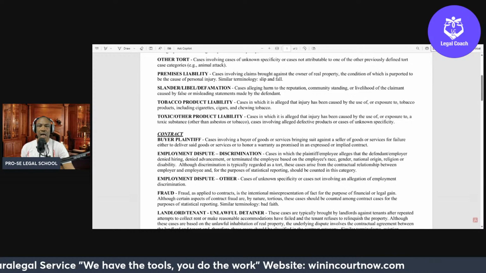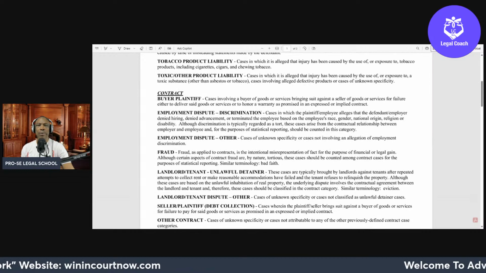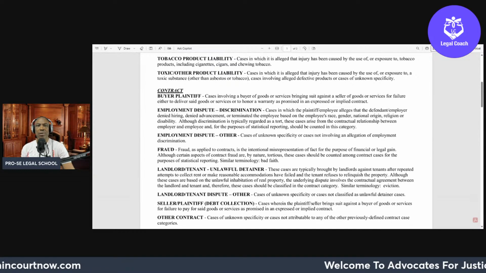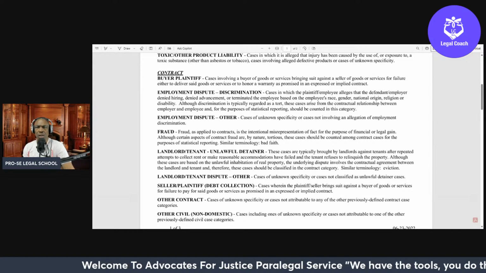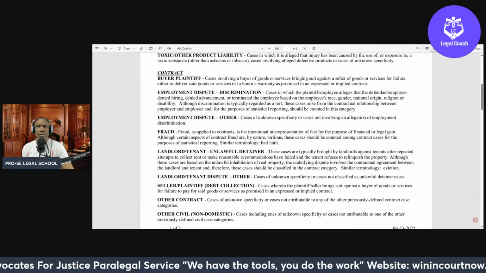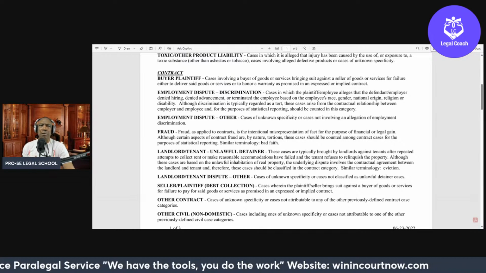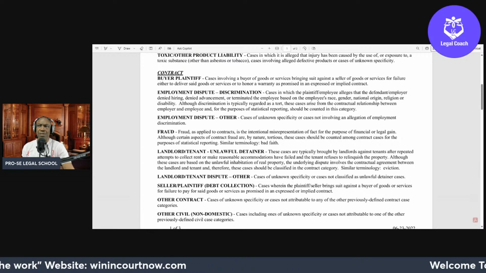Employment dispute, discrimination. Oh, there's one for fraud applied to contracts with intentional misrepresentation. Why didn't they leave it open so it covers more? The limitations, the personal financial gain.